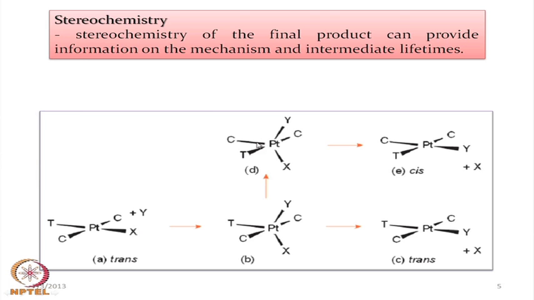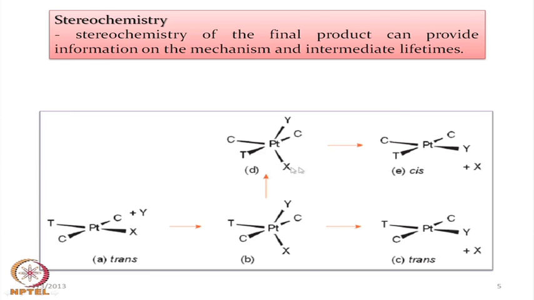When it is in the trigonal pyramidal geometry it is going to labilize this X in square planar geometry, but when it is trigonal bipyramidal geometry this T is not labilizing the C, but it has the same effect that it is just moving away the X which is in some cis position of T.